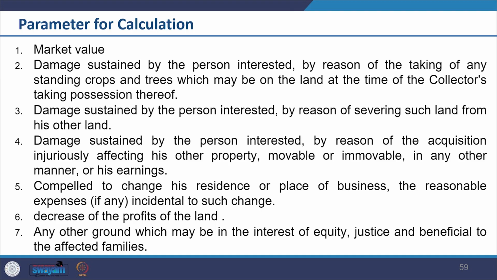Another term which we see is the solatium. The collector, having determined the total compensation to be paid, shall, to arrive at a final award, impose a solatium amount which is equivalent to 100% of the compensation amount. So again solatium is paid in addition to the compensation.